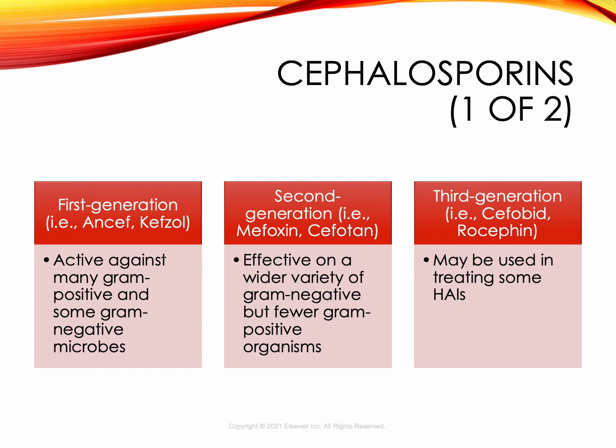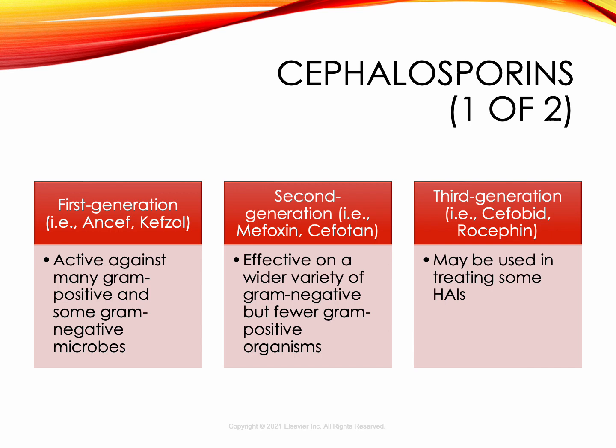Now, the second generation of cephalosporins includes antibiotics such as cefoxitin, cefonicid, cefmetazole, cefotetan, and so on. These antibiotics fight against a wider variety of gram-negative bacteria, but they're not really effective on gram-positive bacteria. There might be a few that they're effective on.